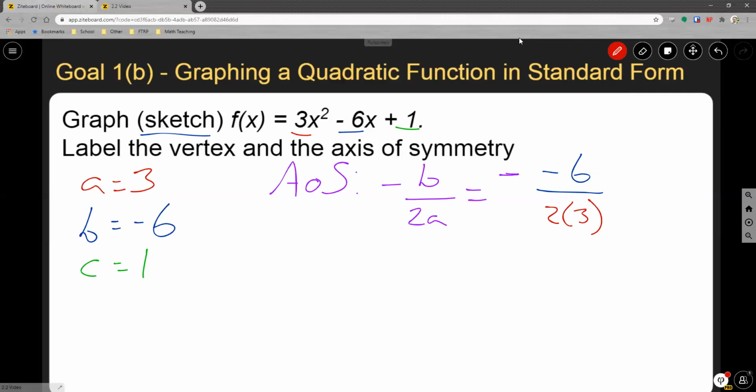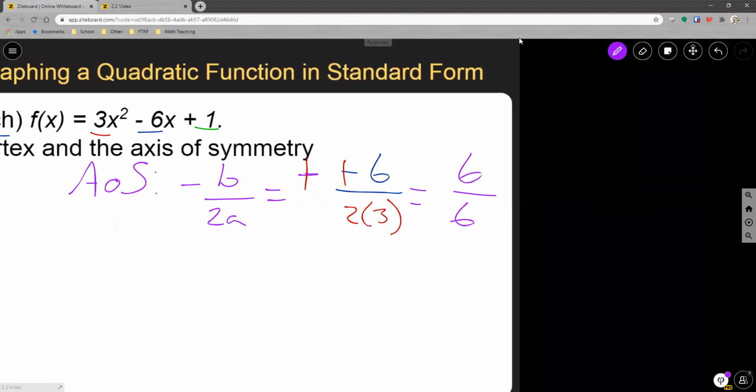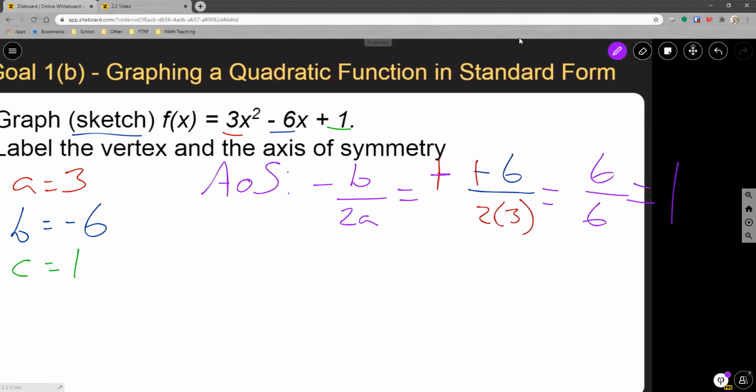Do some math. I've got a negative of a negative. Those become positives. So evaluating everything, I get a +6 up top. 2 times 3 also gives me a 6 on the bottom. 6 over 6 gives me +1. So my axis of symmetry is at +1, or in other words, the line x equals 1.